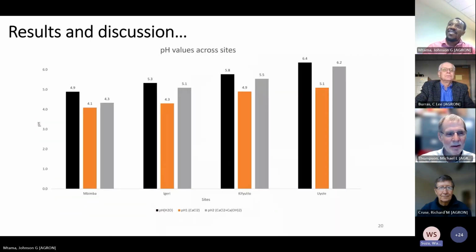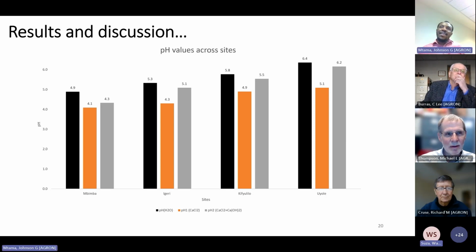Yes, slide 21. If I look at the magnitudes of the pH 1 and 2 at Mbimba compared to other places, is that indicative of the lime requirement because of such a small delta, or what is going on there?